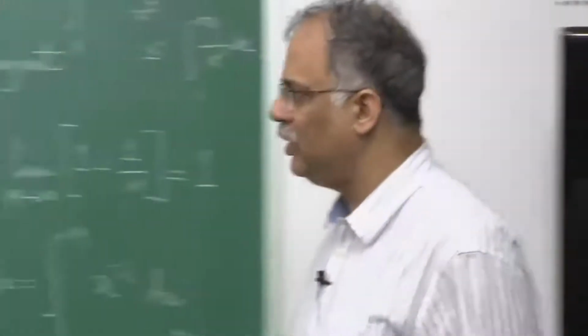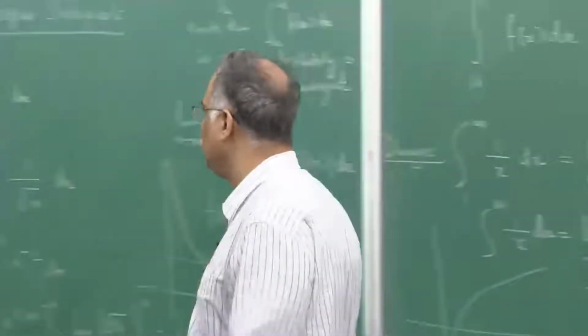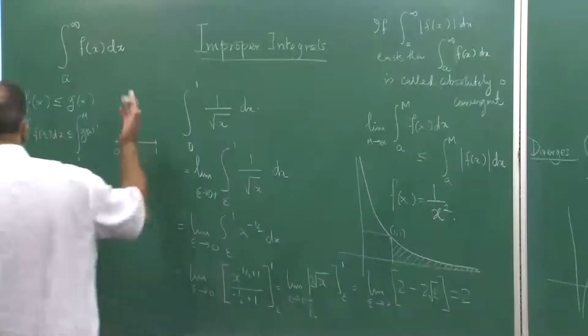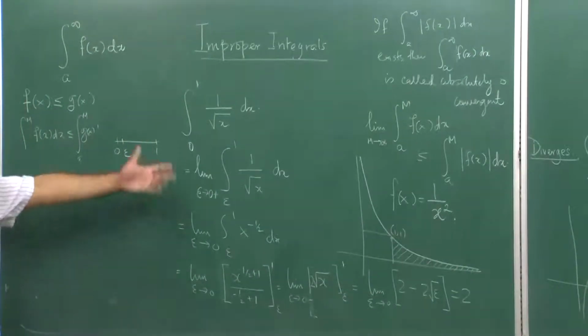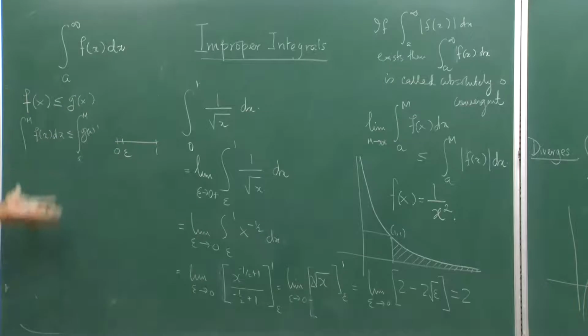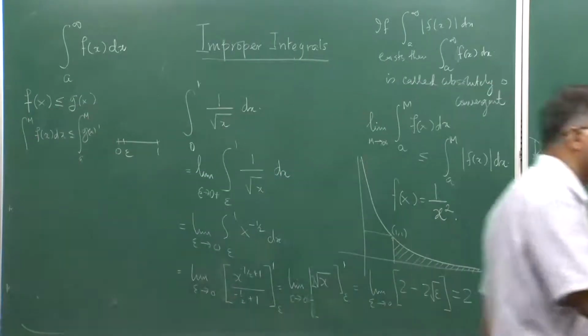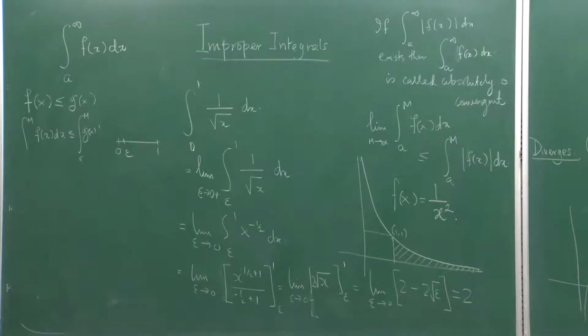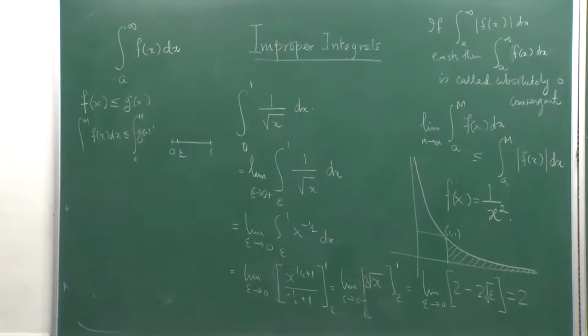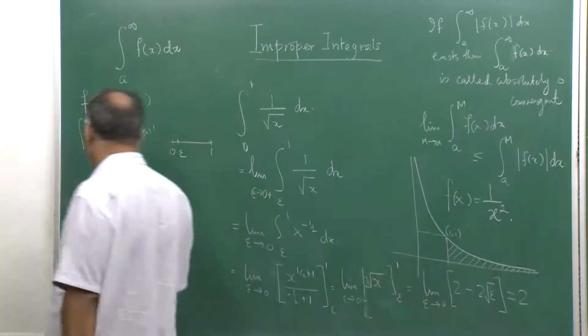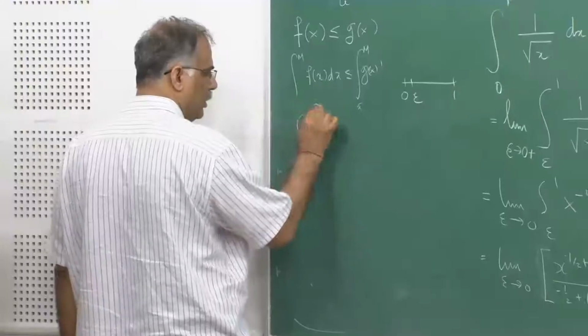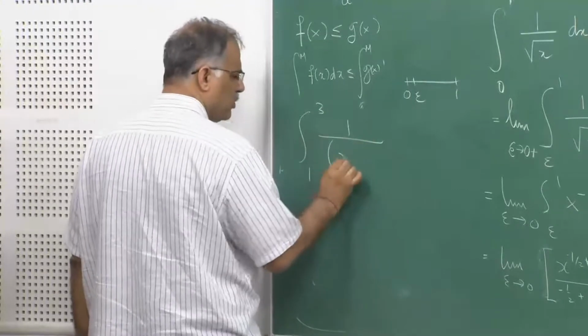Now, it is not always the case that for such situations, where you do not have this infinity business and there is a bounded interval, you will immediately hit nice things. For example, let me check the example from Goldberg. It is the integral from 1 to 3 of 1 by (x minus 1) whole square.